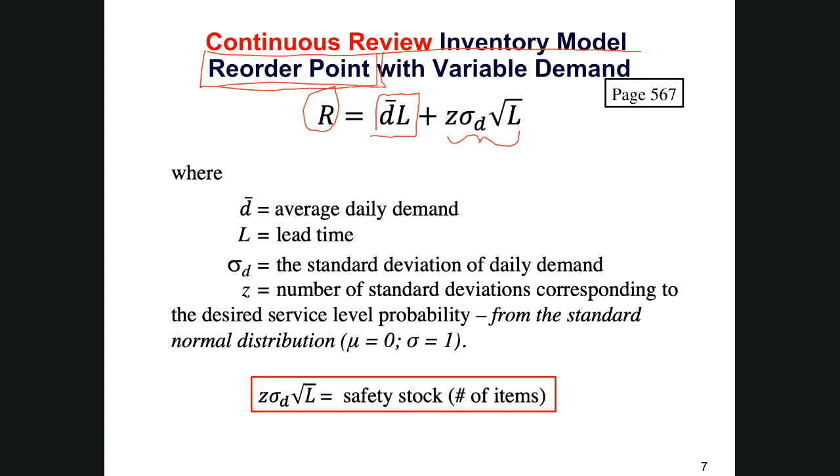And that's going to be equal to our reorder point. And that's all described further on page 567. Again, D bar is the average daily demand. L is the lead time that's known and constant, sigma sub D is the standard deviation of the daily demand, and Z is the number of standard deviations corresponding to the desired service level.